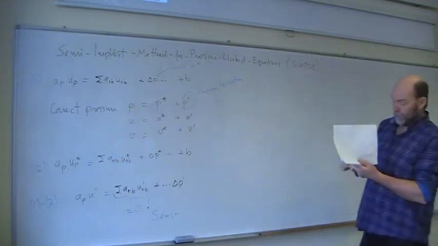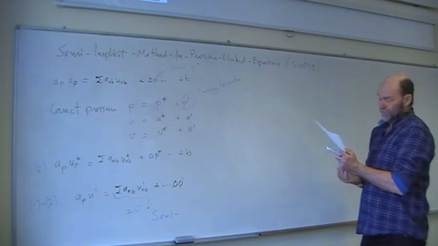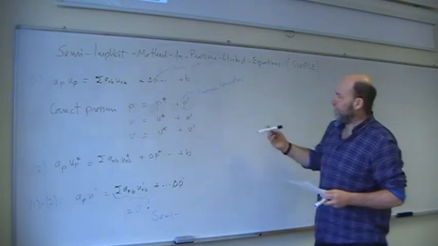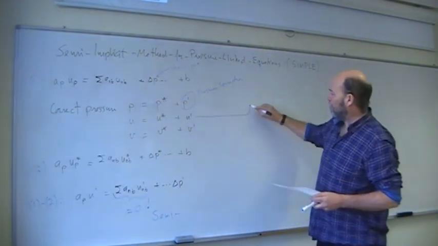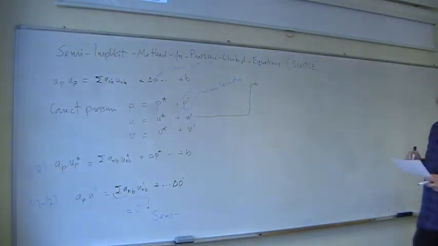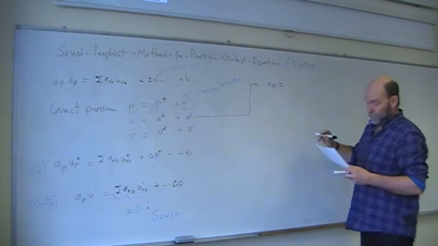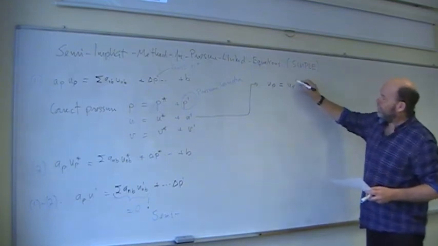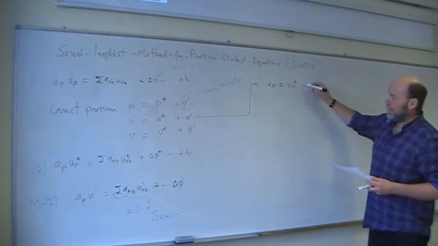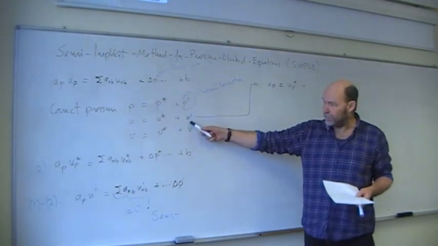So if we now take our equation for the velocity, and rewrite it a little bit. I want the correct velocity, u_P, equals this u_P star, and then we should have the velocity correction.